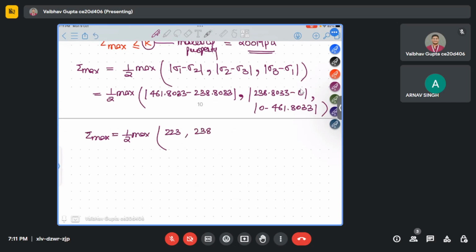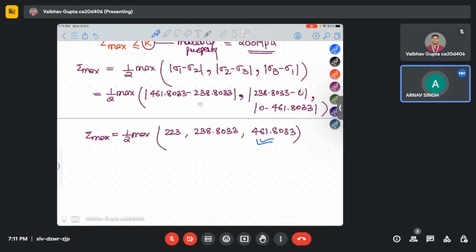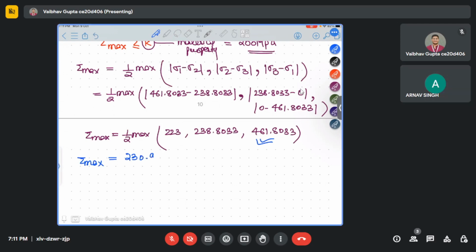The absolute value of the second is 238.8033 and the third one is 461.8033. So what is the maximum value? This 461.8033. Tau max will be equal to half of this value, which is 230.901 MPa.